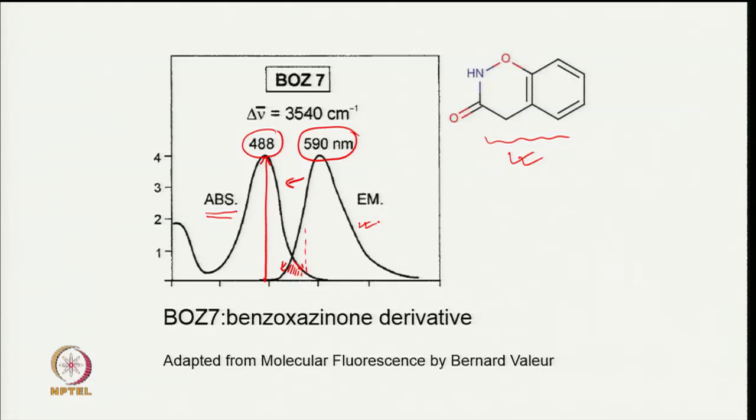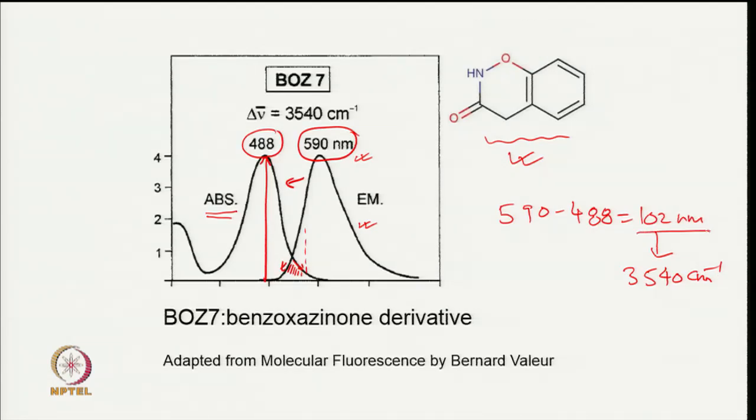This molecule Bose 7 absorbs at 488 nanometer and it emits at 590 nanometer, and the difference is 590 minus 488, which is 102 nanometer, and this is equal to 3540 centimeter inverse in wave number unit.